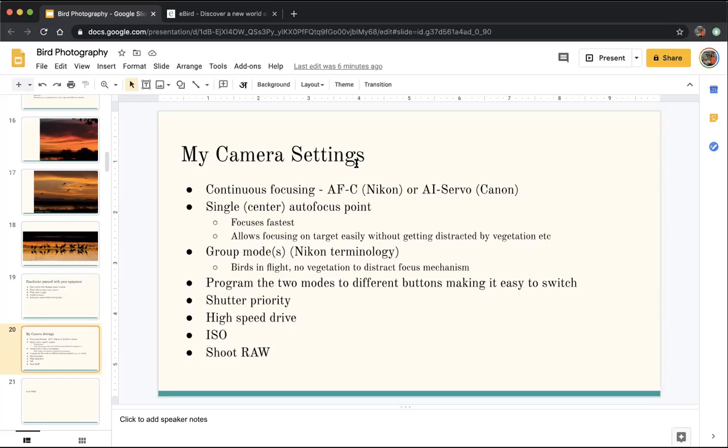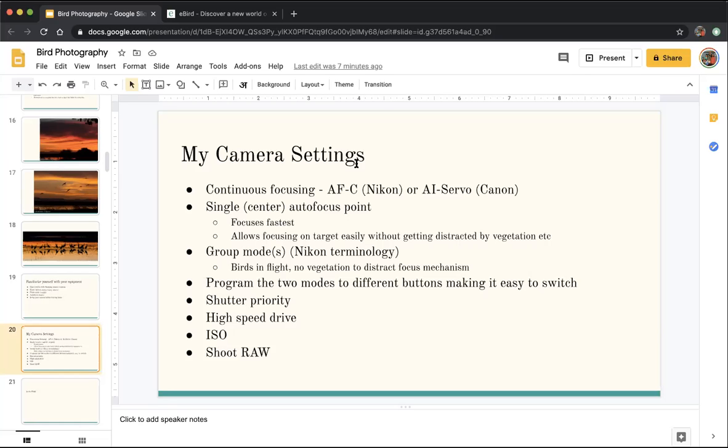One small point: back button focusing is very useful when you are using shutter priority, aperture priority, or program mode. If you go completely manual, then obviously you don't focus first, recompose, and click, because your metering is done by you, not by the camera.